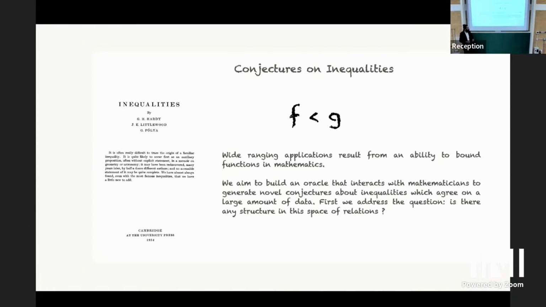For instance, Newton's second law is equivalent to translation symmetry. Einstein's relativity is equivalent to invariance under diffeomorphisms. The standard model of particle physics is invariant under gauge symmetries, and so on and so forth. So we ask this question: is there any structure in this space of relations?